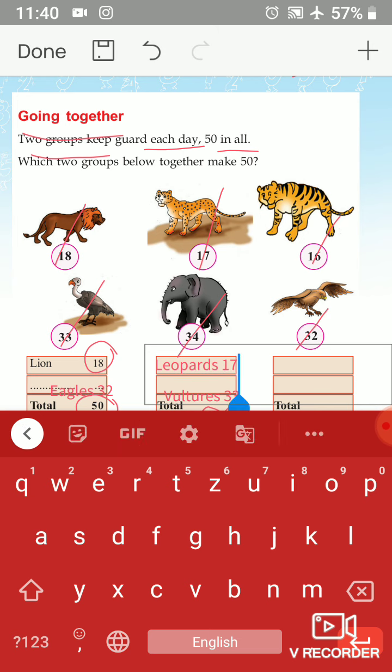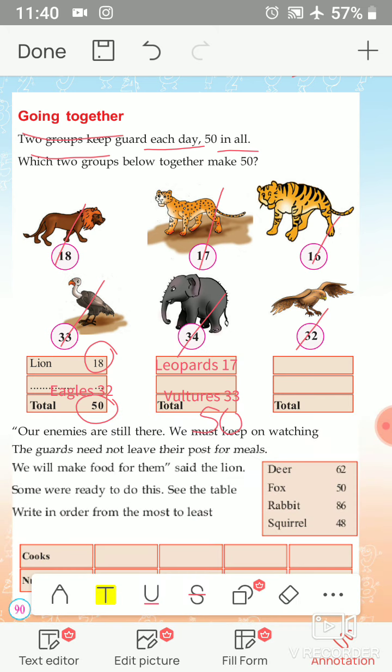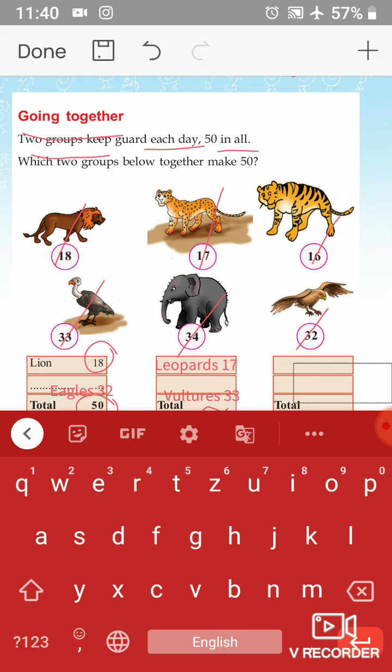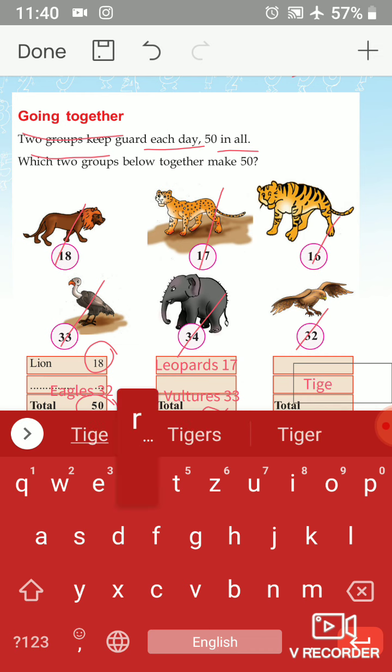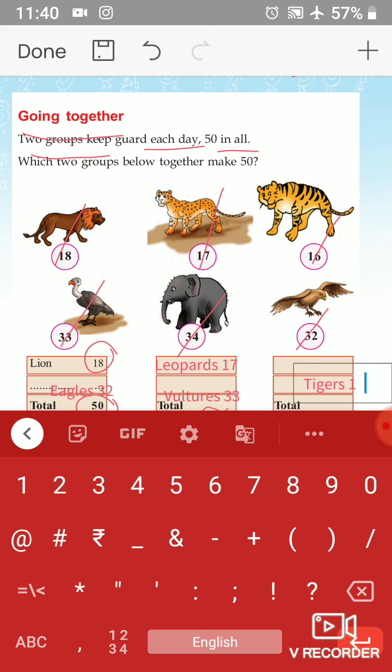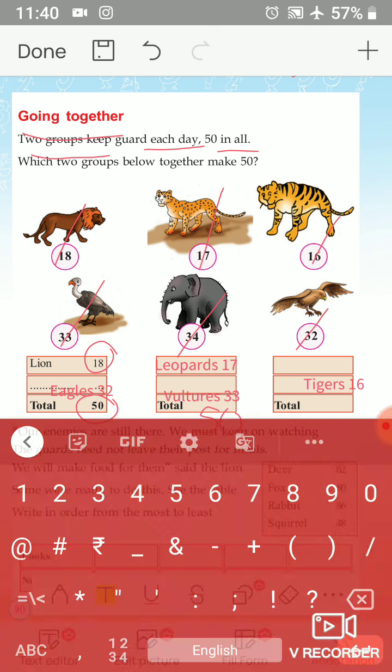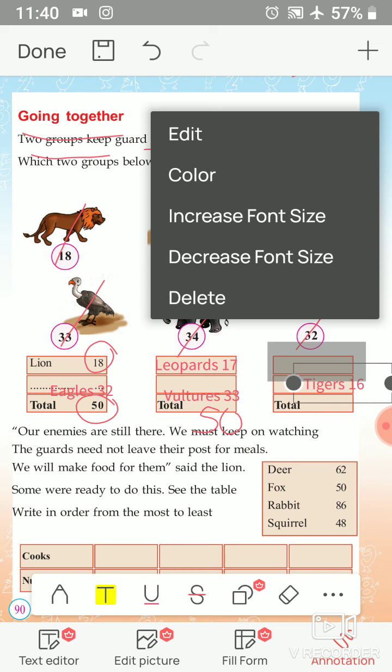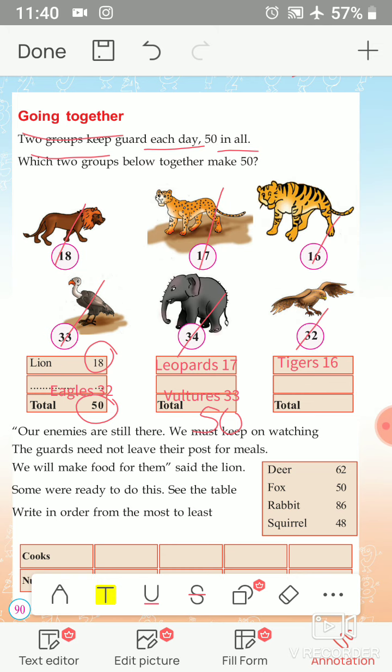Okay, next we can write here 16 tigers. We can make a group. How many tigers are there? 16 tigers. So in the first row we can write tigers, and which animals are remaining?